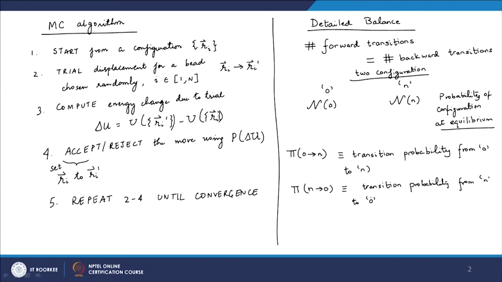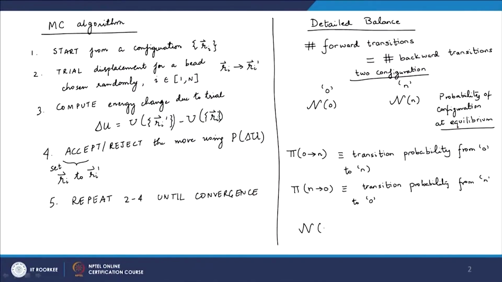So, now what the detailed balance demands is about the number of forward transitions and the number of backward transitions. The forward here is old to new and backward is new to old. So, the number of forward transitions must be proportional to the probability of being in the old state multiplied by the probability of going from old to new.